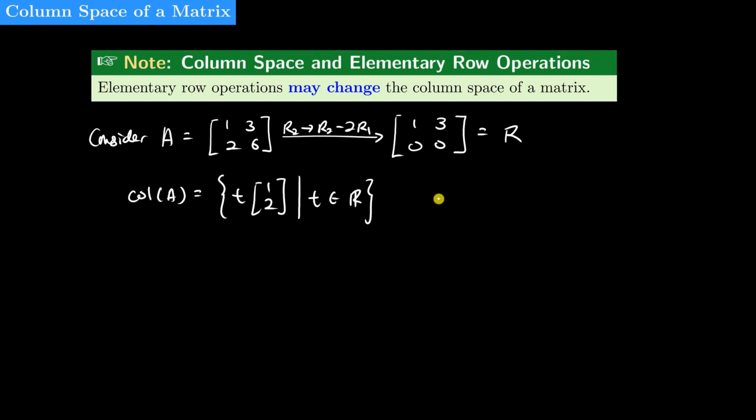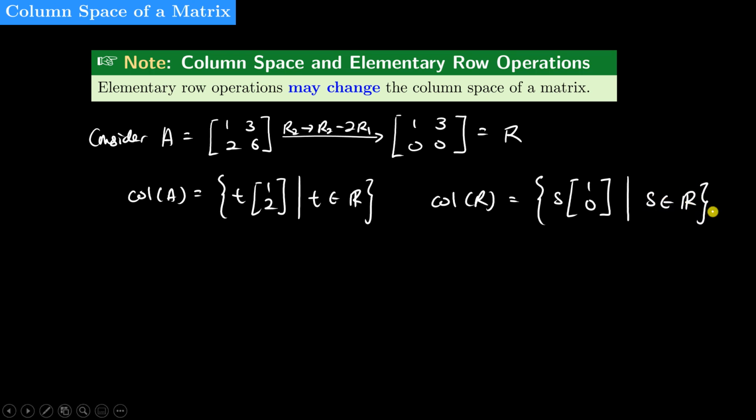On the other hand, the column space of R can be written as the parameter s multiplied by the column vector 1, 0, such that s is a real number. This is because the other column vector 3, 0 is a scalar multiple of 1, 0. Therefore, the column space of R consists of all vectors of this form, where s is a real number.